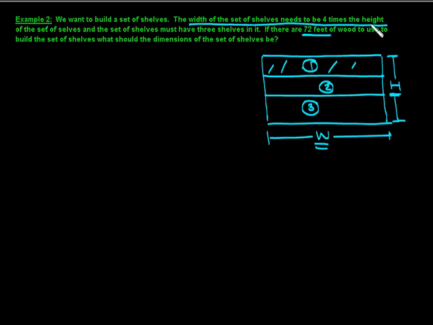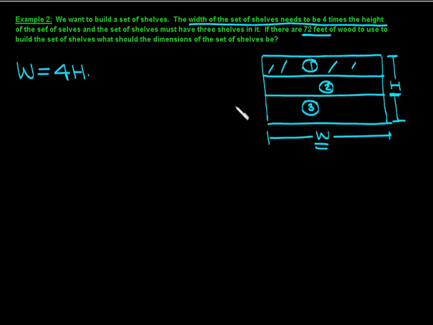So they've told us 2 things. So let's put those down. Let's start with the first one. They've told us that the width of the set of shelves needs to be 4 times the height, so W should equal 4 times H. Remember, the height is H, width is W. So we got that done. The next thing is they've told us 72 feet of wood. So think about it.